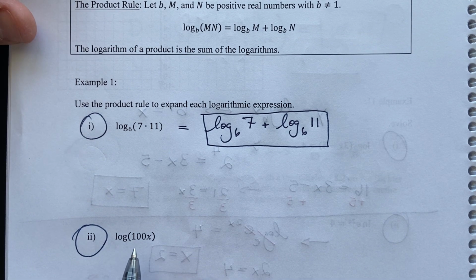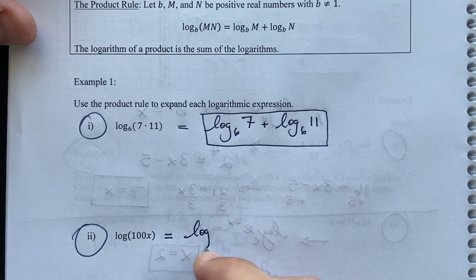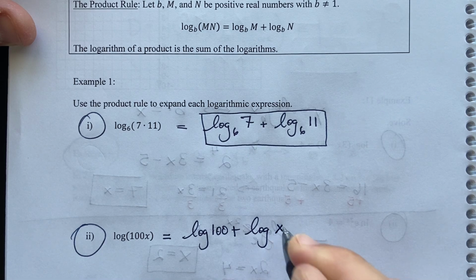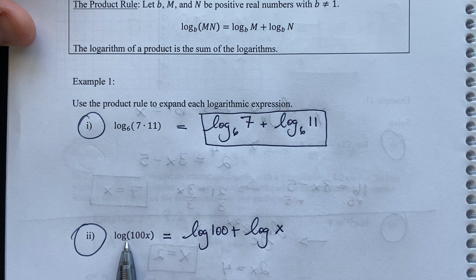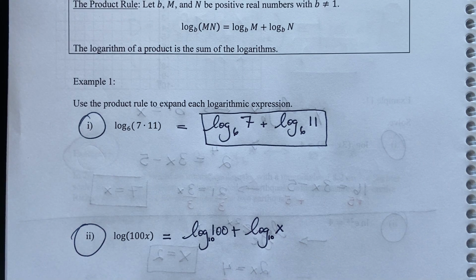So if you have log of 100 times x, you can split this up as log of 100 plus log of x. Remember that if it's not written and it says log, then that's implied to be a base 10. So you can actually write the base 10 if you want. It's the same exact thing.